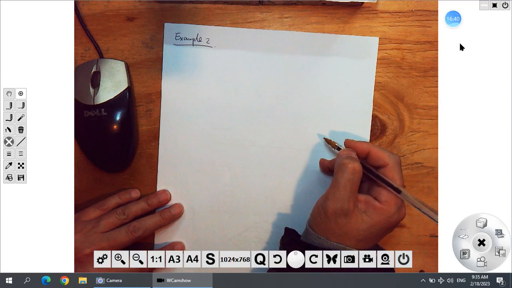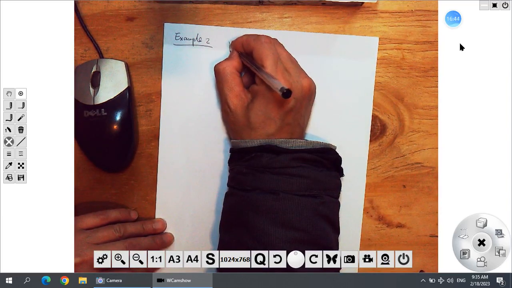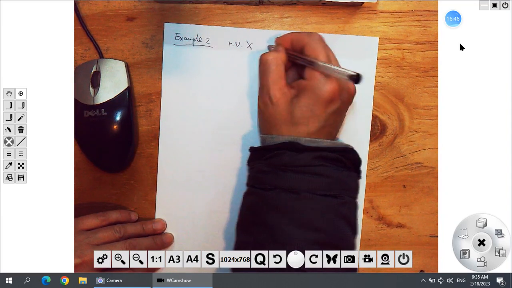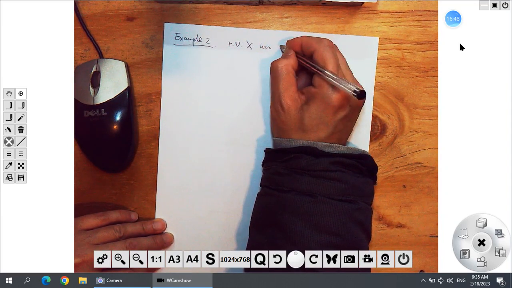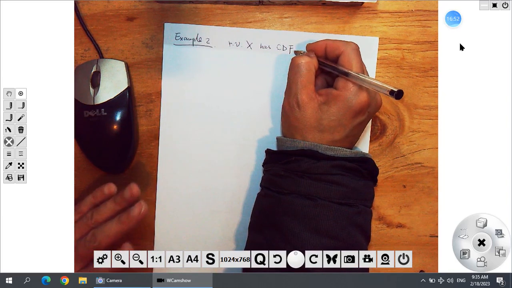Now we consider a continuous random variable. Random variable X has a CDF. We still start from the CDF, but this time it is the continuous case.